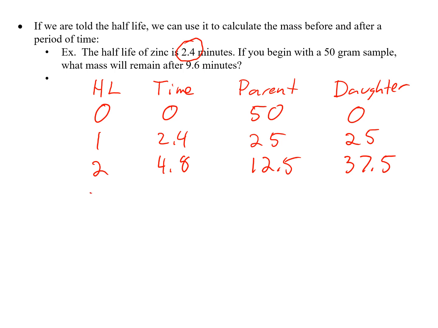For our third half-life, we're going to add another 2.4 minutes. So carry the 1. And then this is going to go down again to half, and then this one is going to increase by that.